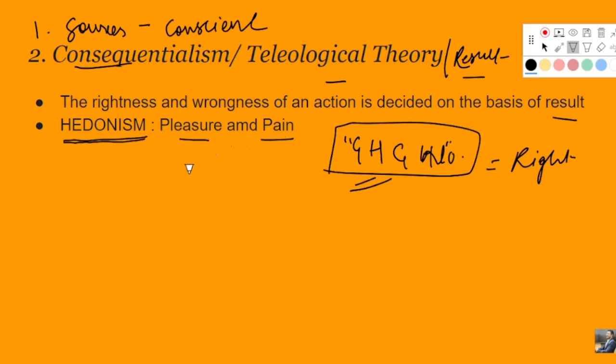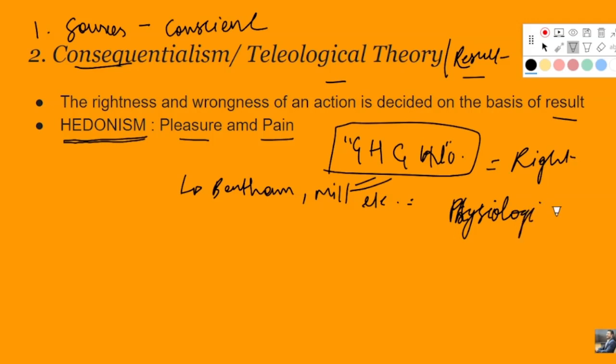So all the consequentialists, the advocates of consequentialism like Bentham, Mill, propound the idea that men act in a way so as to satiate their sense of pleasure, or to be specific, psychological hedonism.